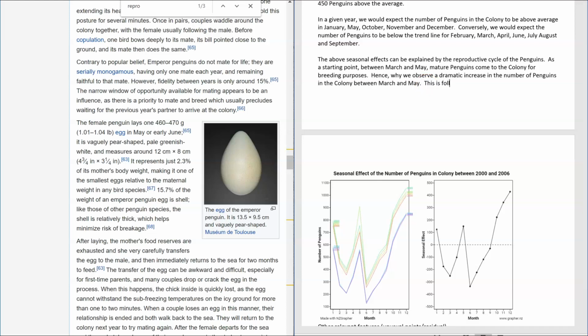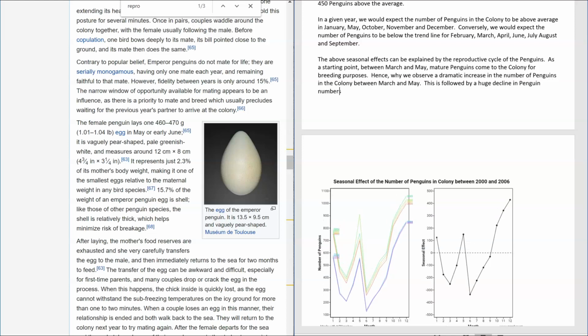So we can say that this is followed by a huge decline in penguin numbers, where after the female lays the egg, they return to sea for up to 2 months.